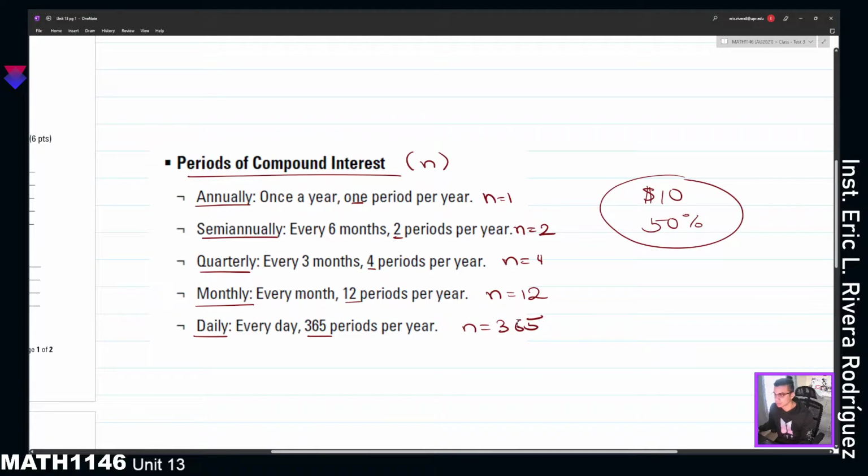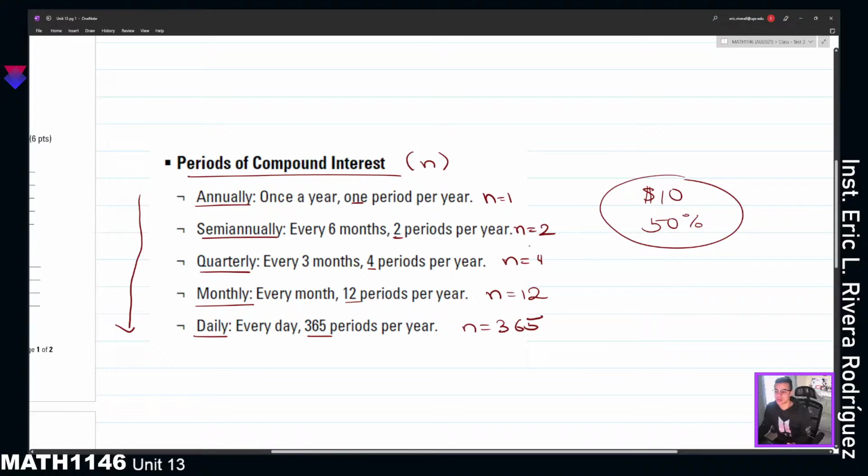So you are seeing a pattern here: we are increasing the value for n. The greater the n value, the greater the number of times the interest is calculated.